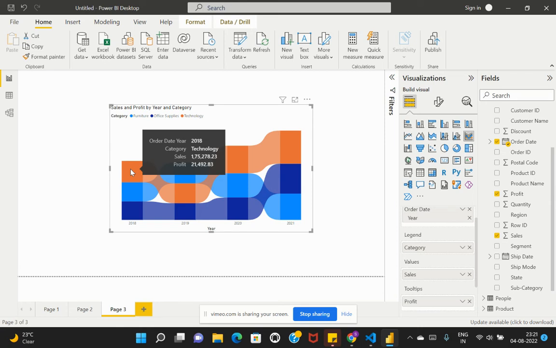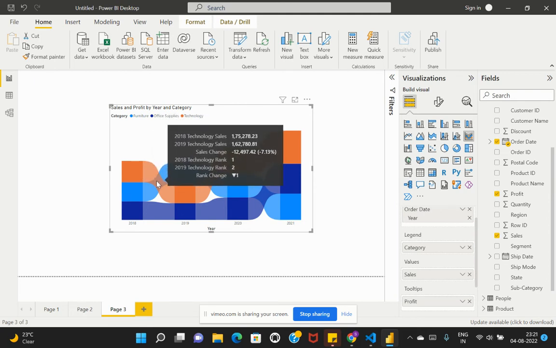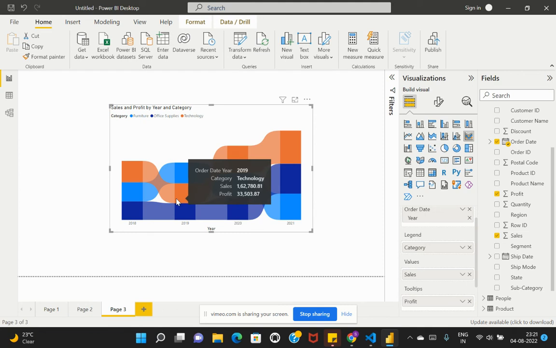It has got 21,000 during 2018. As it has progressed over the next year, you see that the profit value has increased to 33,503. However, when it is compared to the overall different categories, technology has become the second place.